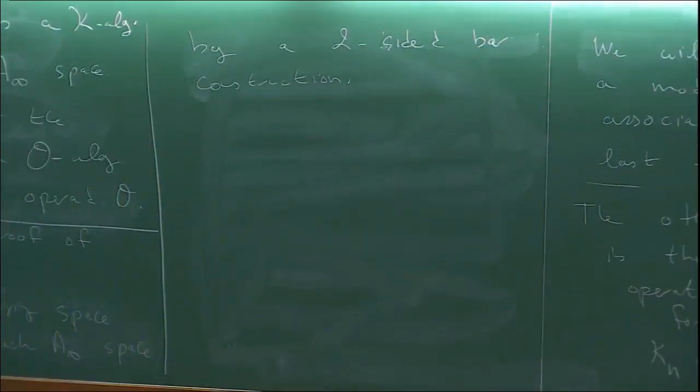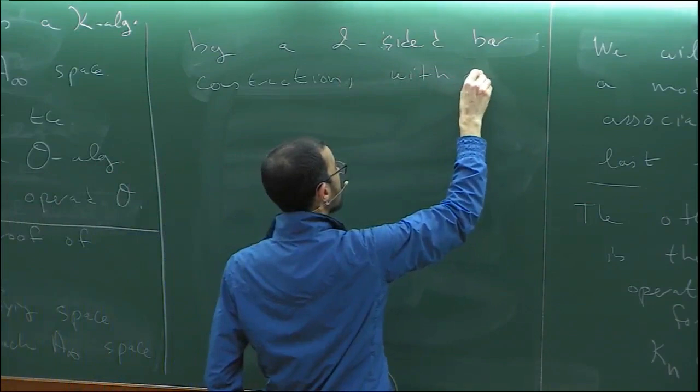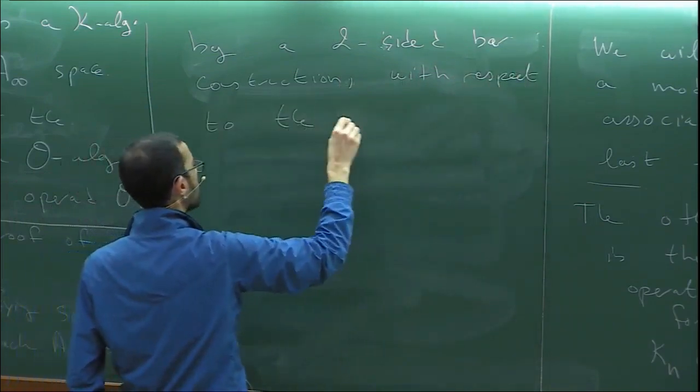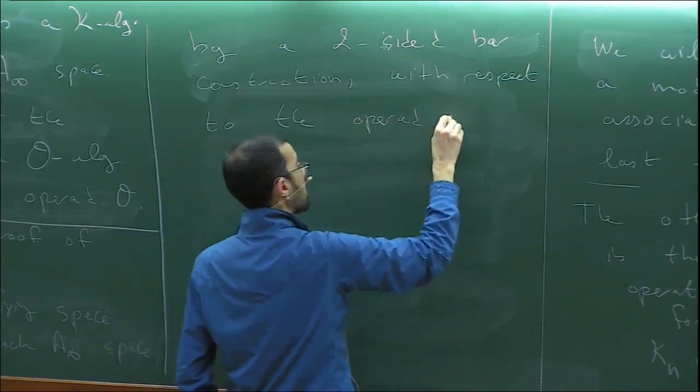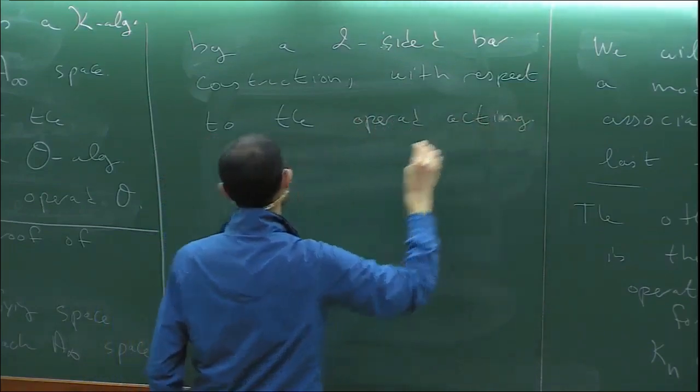Okay. Now, if you do a two-sided bar construction, as I explained it last time, there was no operad. So what you can actually do is a two-sided bar construction which involves the operad acting on the space.